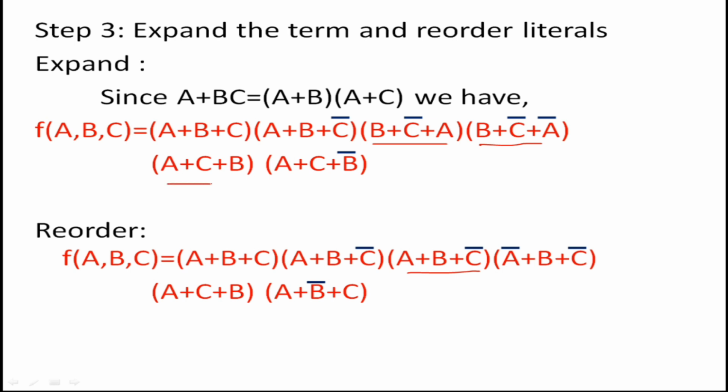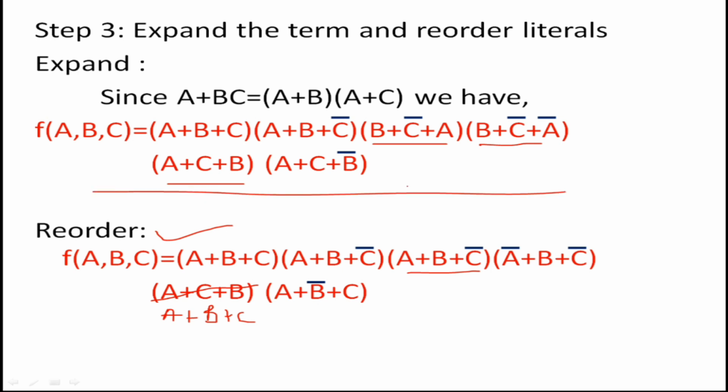The fifth sum term, A plus C plus B, we can make A plus B plus C. And then A plus B bar plus C. So this is how we reorder the given expression once we have expanded it.